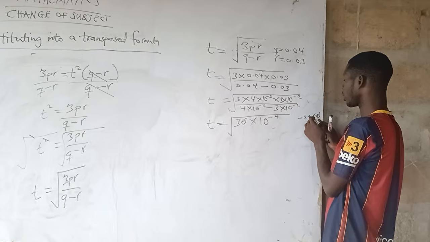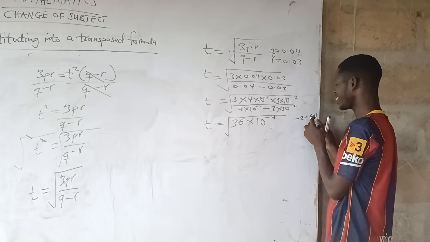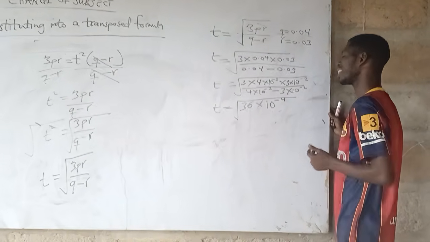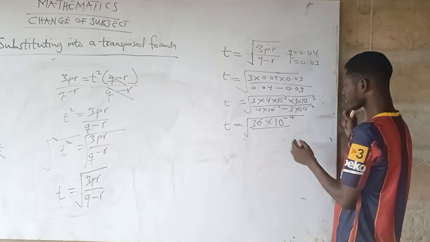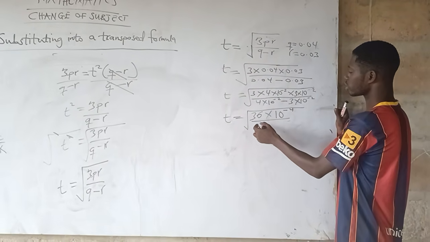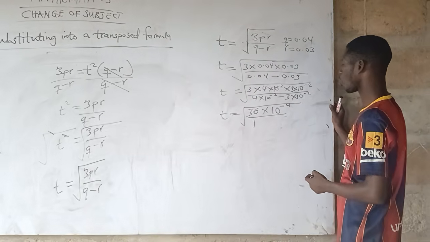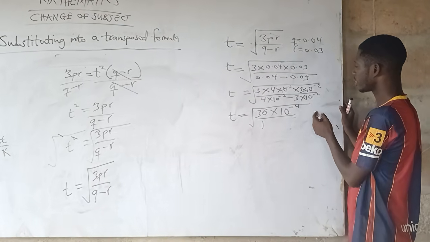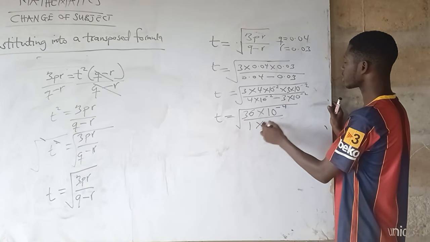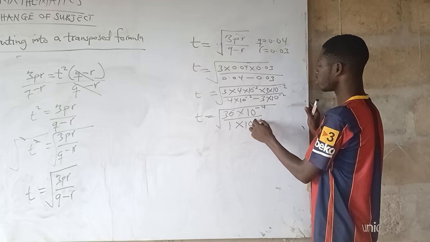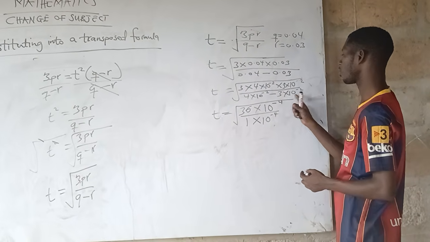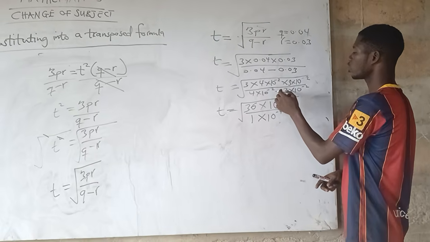Over, here you subtract the 3 from 4, you get 1, times 10 to the power negative 2.